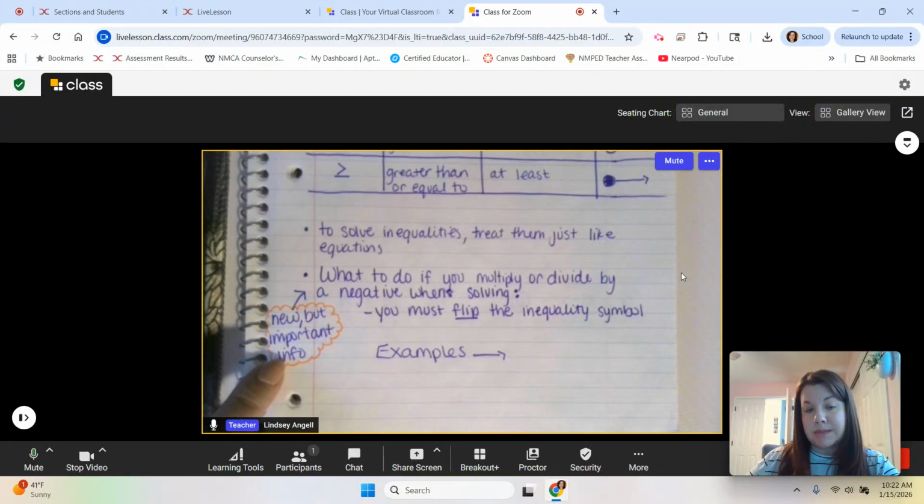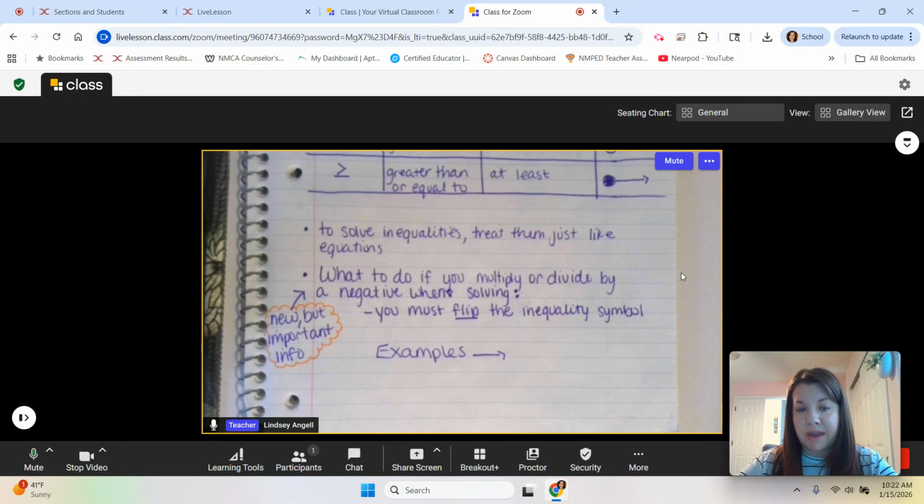Something important and something that's new, and it's actually not covered in your lessons, which I don't know why they excluded this, but I felt like it was really important for you to still learn, is what to do if you multiply or divide by a negative when you're solving. In that event, you must flip the inequality symbol.